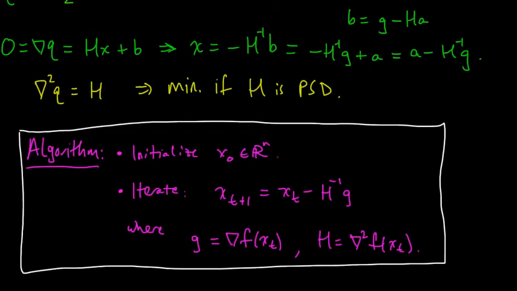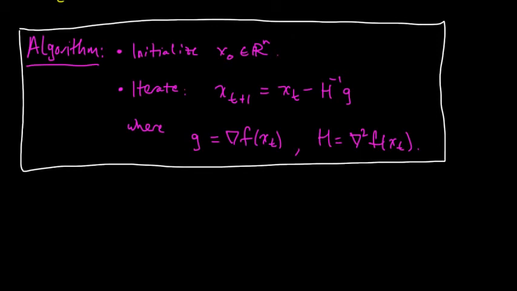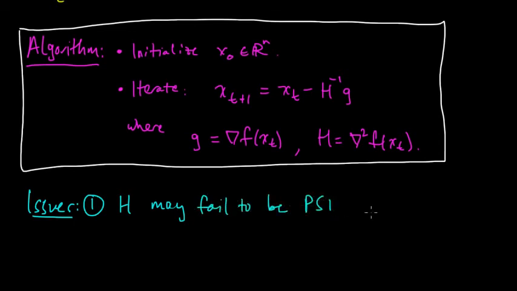And let me mention a couple issues that can arise here and how to address them. Possible issues. One is that, as we noted, h may fail to be positive semi-definite, or maybe fail to be positive definite. If it's positive definite, then everything is great, because then we know that we're minimizing that quadratic approximation Q, and we're going in the right direction.